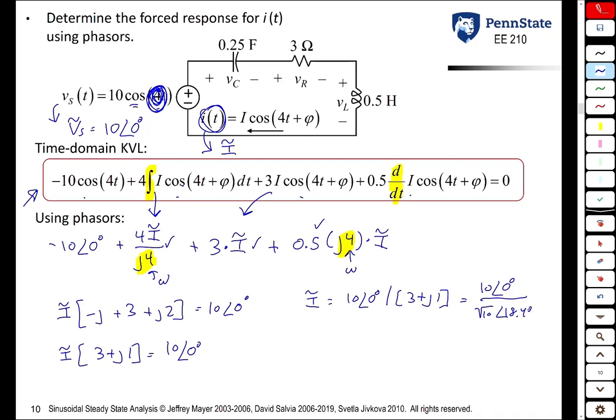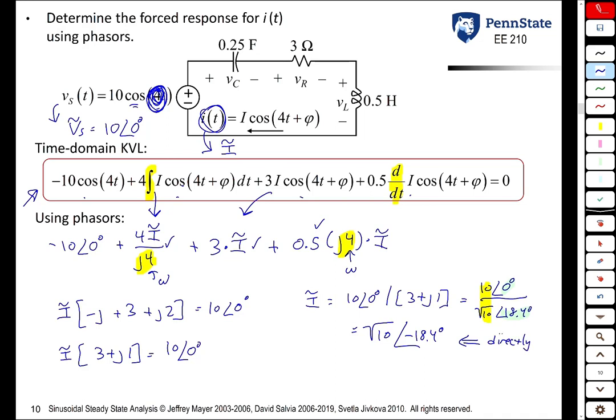And then if you remember the properties of complex numbers, when you divide complex numbers in polar form, you divide the magnitudes and you subtract the angles. So the result of this division is 10 divided by the square root of 10, which is the square root of 10, at an angle of 0 minus 18.4 degrees, or negative 18.4 degrees. Once again, if you have a calculator that can do complex numbers, you can get this directly.